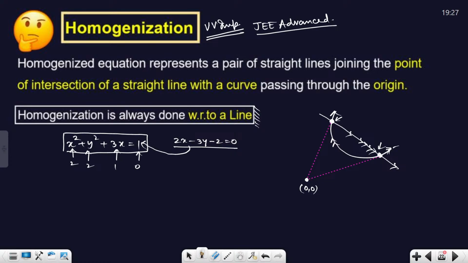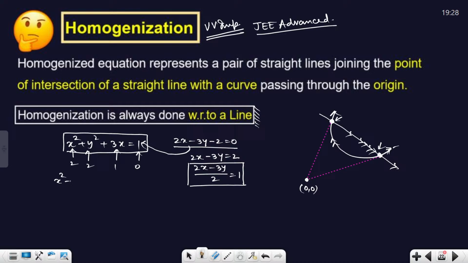Is it clear? Now the billion-dollar question is how to homogenize an equation with the help of a line. See, we can write 2x minus 3y is 2, which can also be written as (2x minus 3y) by 2 equals 1. Always transform any equation of the line given to you in this form, with the right hand side as 1.